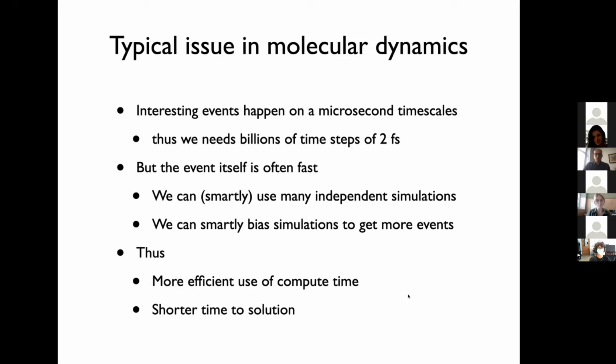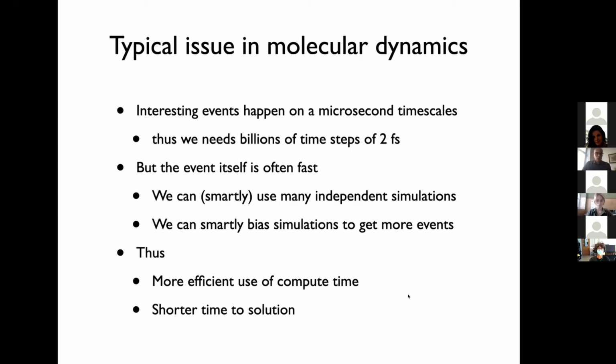So you can use many independent simulations to sample this, since the events are fast, as long as you sample enough events. So you need to find ways to smartly bias your simulations to get more events out of this, because just running more simulations will not help. On average, they'll wait as long as originally.